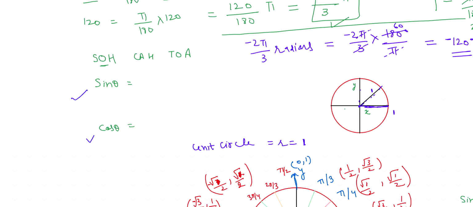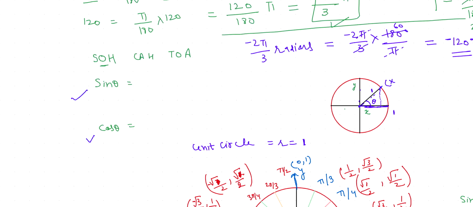All of the concepts of trigonometry are related to this circle. This is our angle theta. Just draw a line dropping from this point which intersects the x-axis at some point. This is the hypothetical line as we have drawn it. So at this point there is some value of x and y.